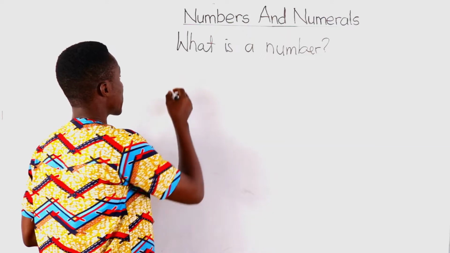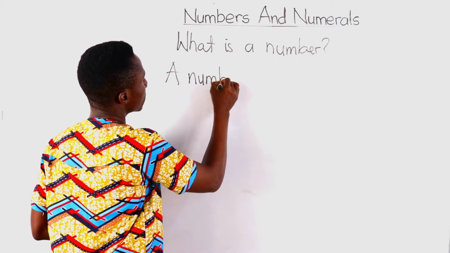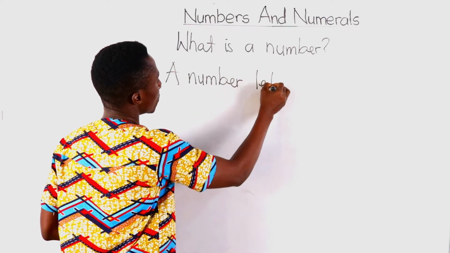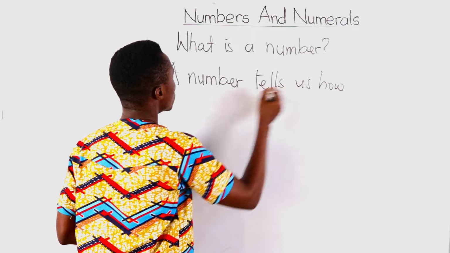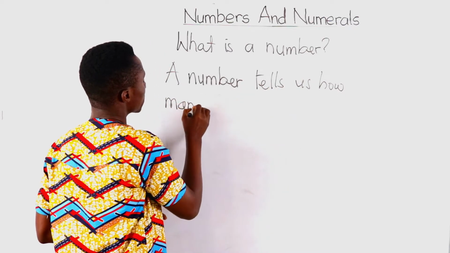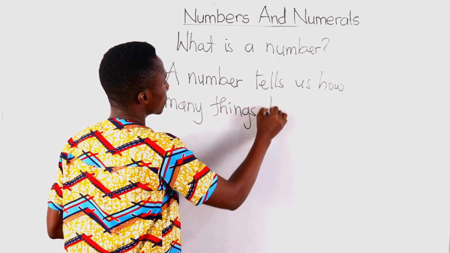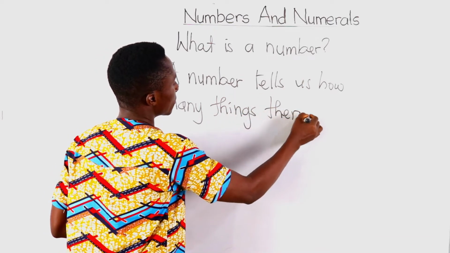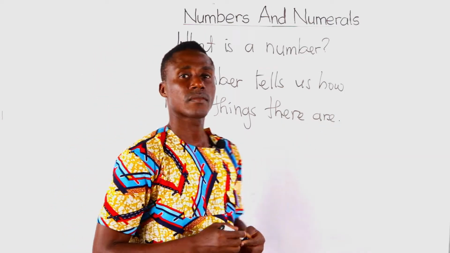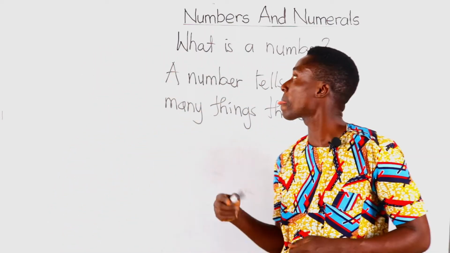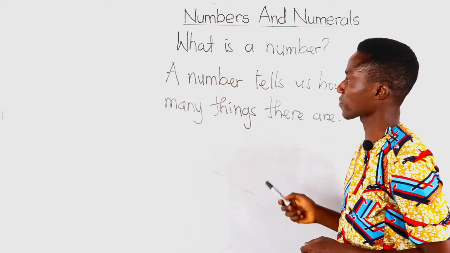And the answer is: a number tells us how many things there are. Okay, so what is a number?